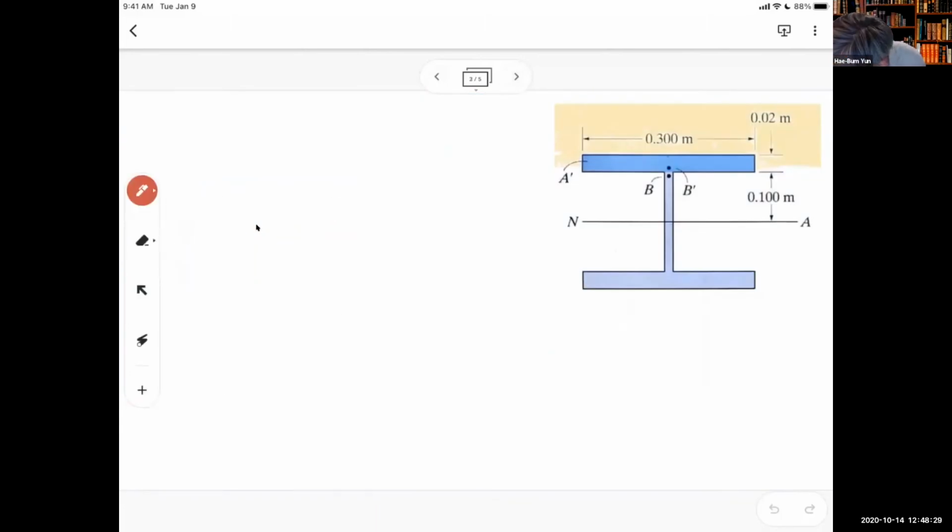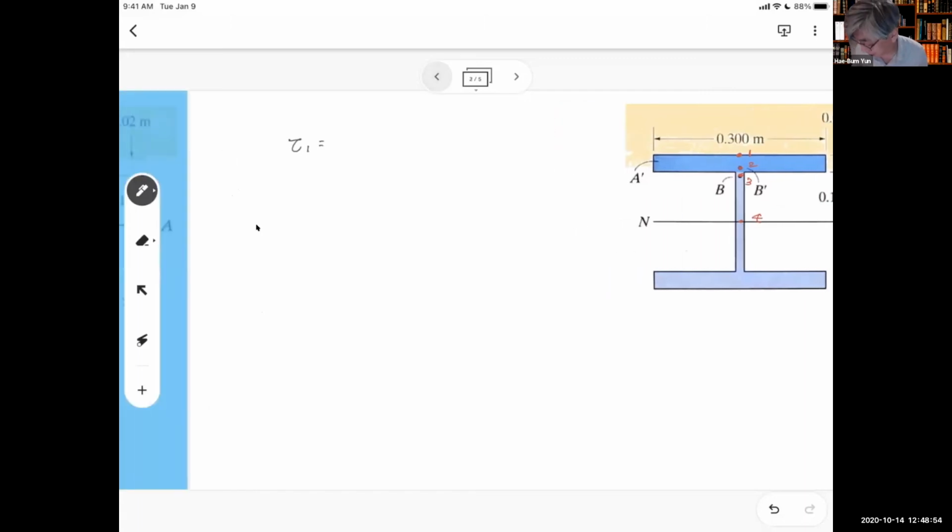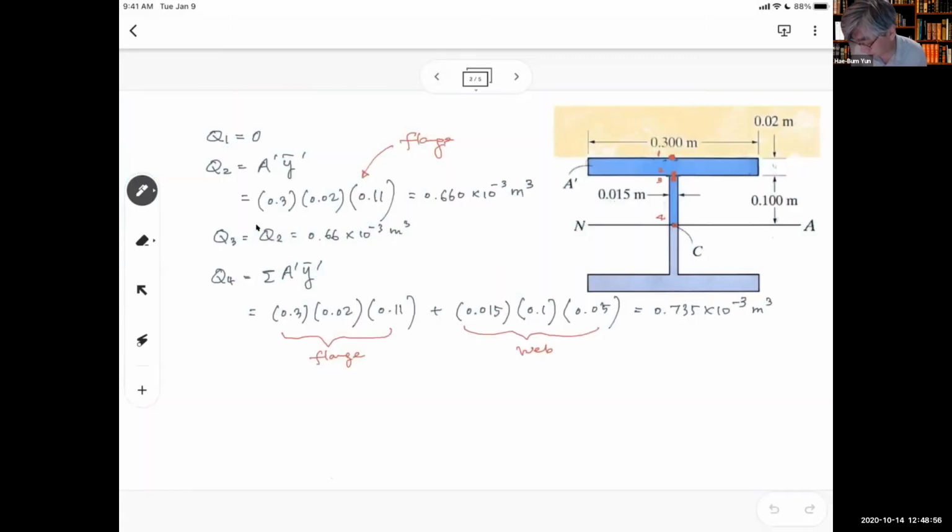So then we have 1, 2, 3, and 4. So what we're gonna do is we're gonna have tau at 1. Tau at 1 is 0 because Q is 0.